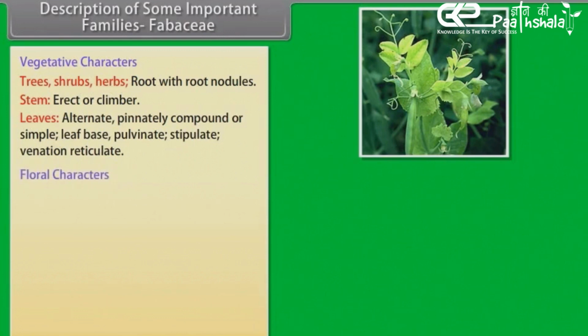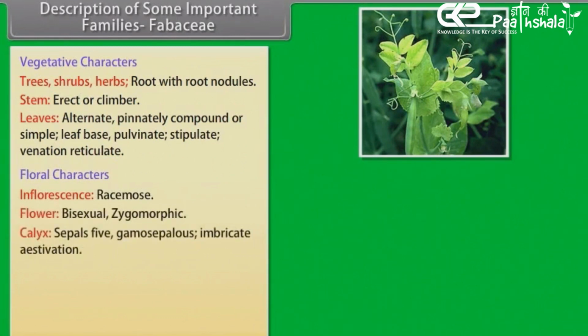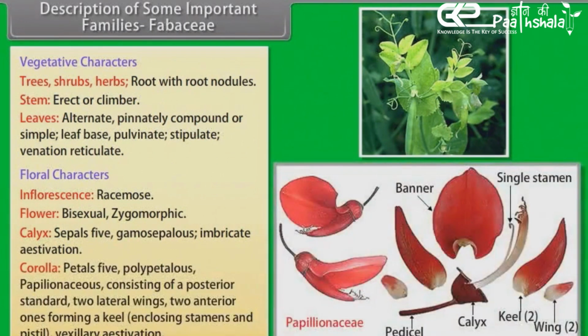Floral characters: inflorescence racemose, flower bisexual, zygomorphic, calyx sepals 5, gamosepalous, imbricate aestivation. Corolla, petals 5, polypetalous, papilionaceous, consisting of a posterior standard, 2 lateral wings, 2 anterior ones forming a keel, enclosing stamens and pistil, vexillary aestivation.